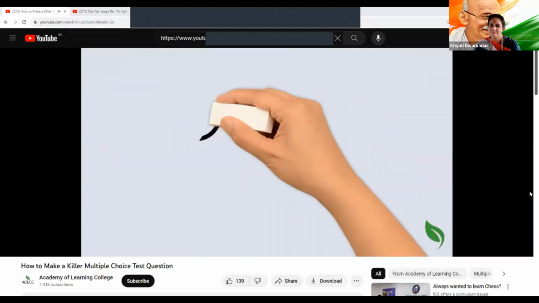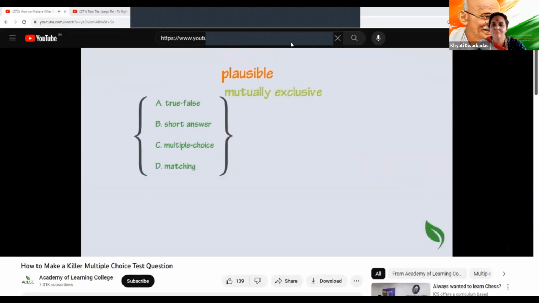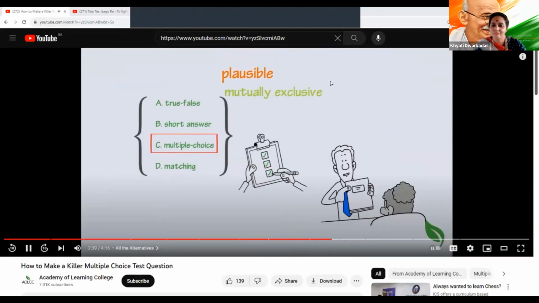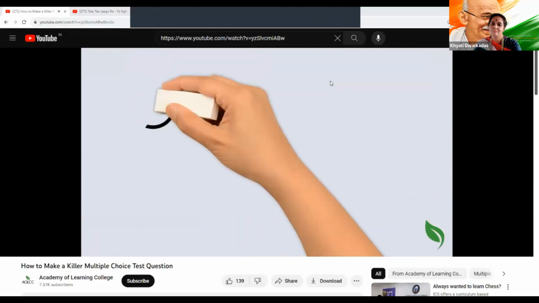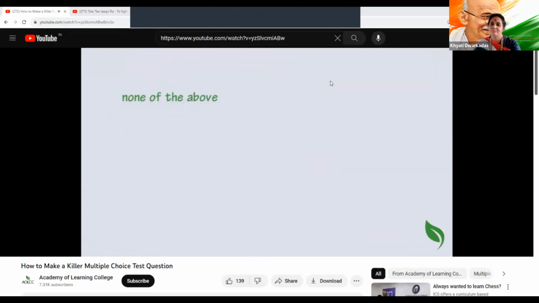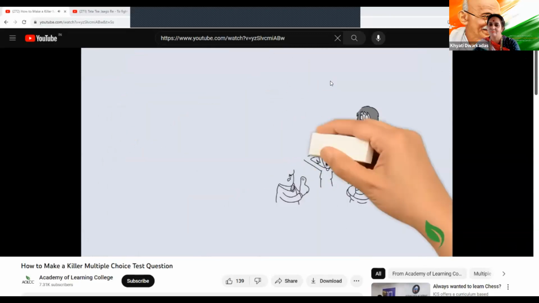Number 6. All the alternatives in a test item should be plausible and mutually exclusive. Carefully chosen, credible-seeming alternatives will help you confirm that your learners have grasped the finer points of what you've taught. Number 7. Limit your use of the alternatives none of the above and all of the above. These are lazy alternatives and generally frustrate test takers needlessly.